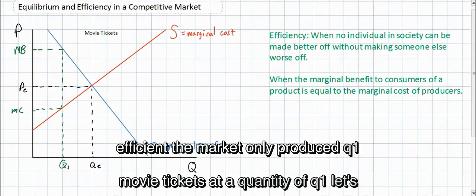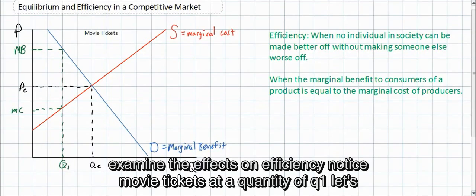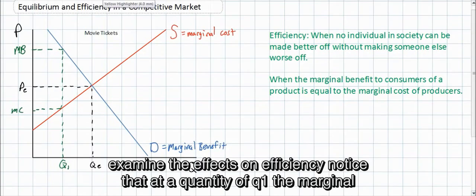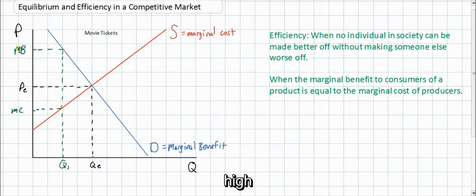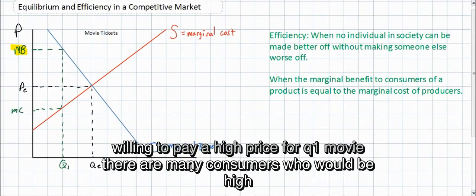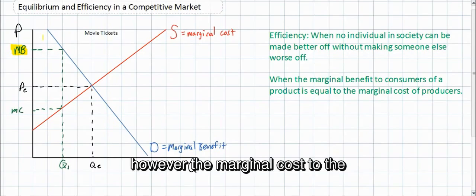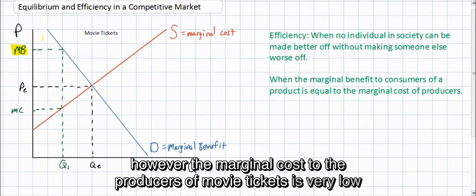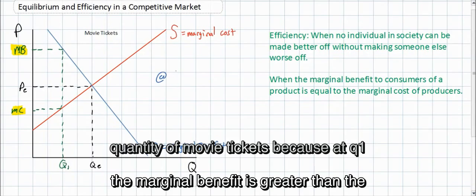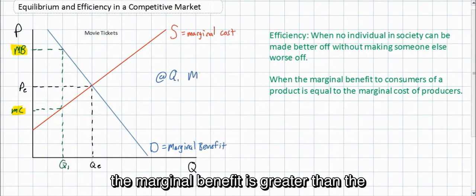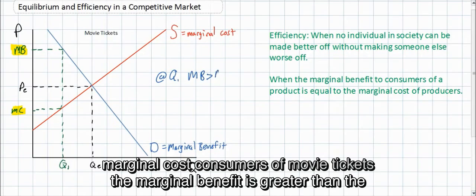At a quantity of Q1, let's examine the effects on efficiency. Notice that at a quantity of Q1, the marginal benefit enjoyed by consumers is rather high. There are many consumers who would be willing to pay a high price for Q1 movie tickets. However, the marginal cost to the producers of movie tickets is very low, indicating that this is an inefficient quantity of movie tickets because at Q1, the marginal benefit is greater than the marginal cost.